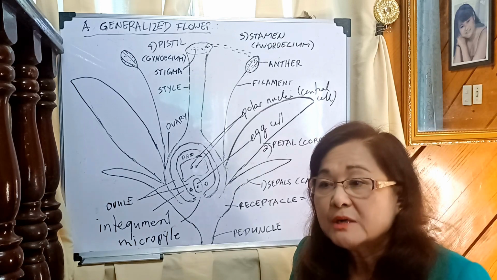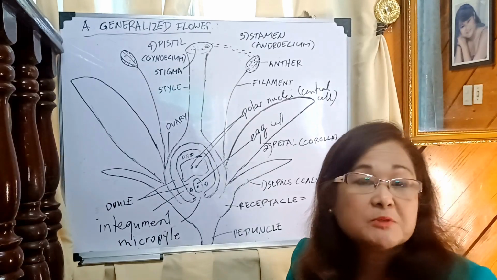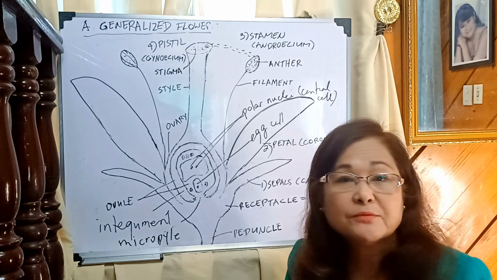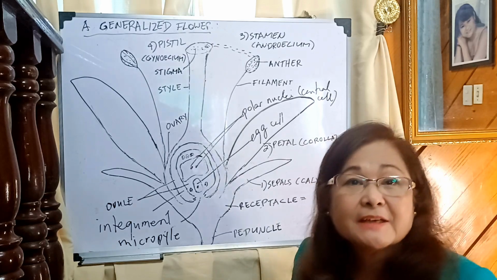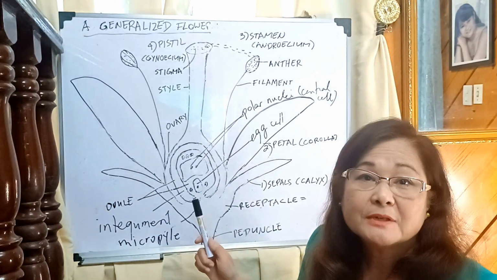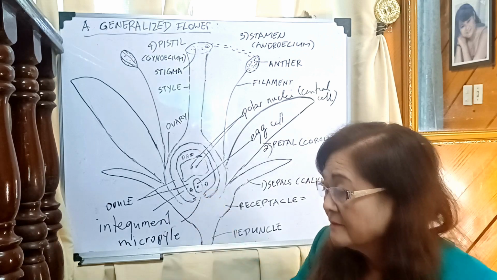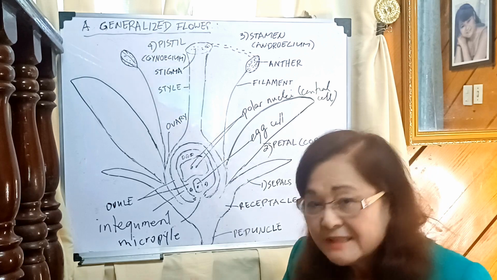What happens to the parts of the flower after fertilization? What are the types of flowers? How do fruits develop? What are the types of fruits? And so on. So join me in my next videos so that I could continue discussing the plant starting from the flower in series.